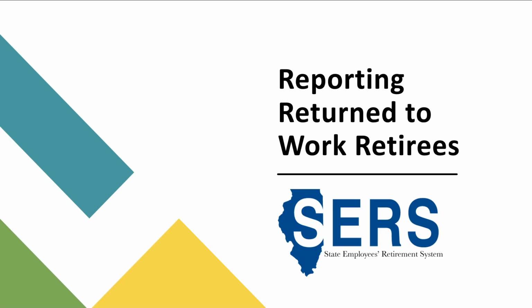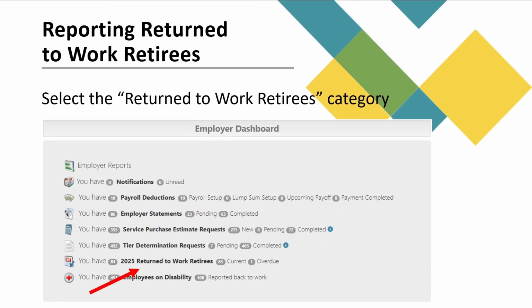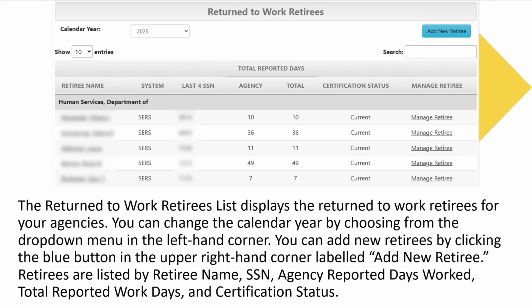This section we're going to talk about reporting the return to work retirees. Remember, this is now handled through your dashboard. So down there you'll see return to work retirees. Select that category. The return to work retirees list displays the return to work retirees for your agency.